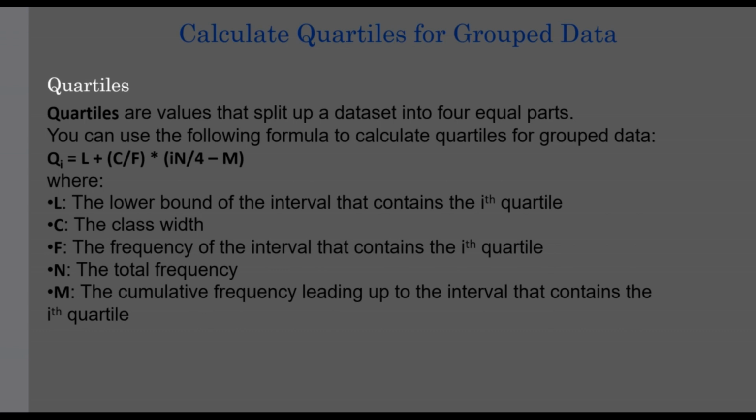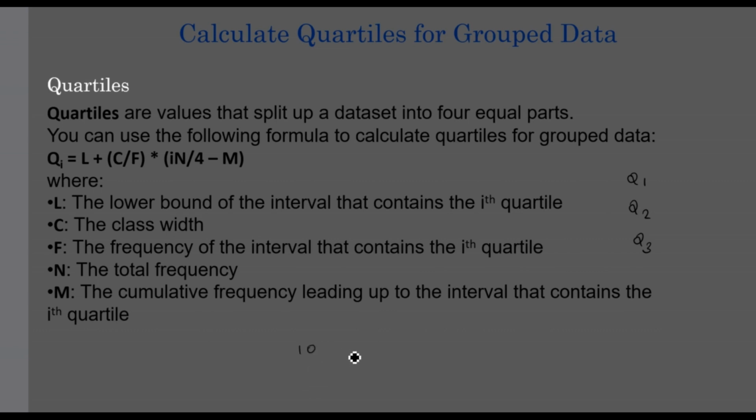Okay. Next is how we calculate the quartiles for grouped data. When we are calculating the quartiles, how many are there? Q1, Q2, Q3. We have already discussed how to calculate quartiles for ungrouped data in the previous video. I will give you the link in the description box. When we are finding it for ungrouped data, it is very easy.